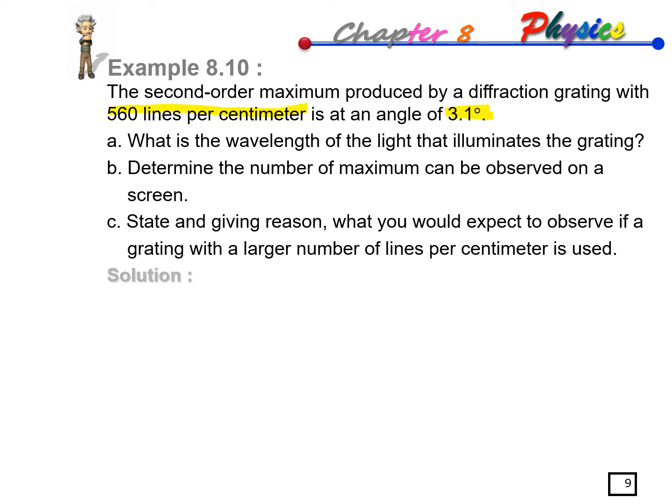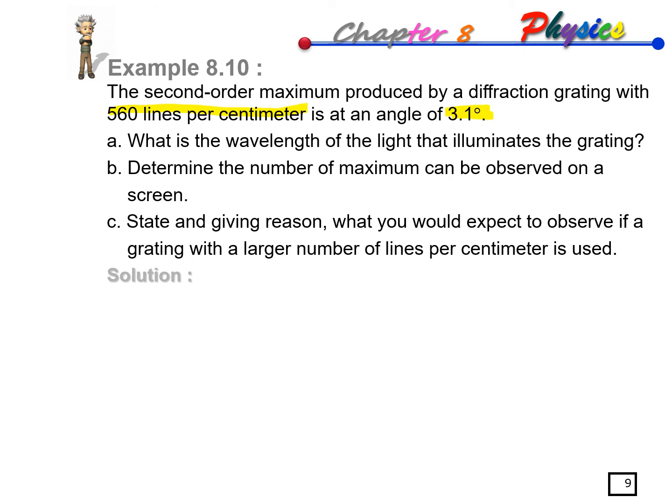Over here they wanted to calculate the wavelength of the light that illuminates the grating, then determine the number of maximum that can be observed on a screen, and then state and give reason what you expect to observe if a grating with larger number of lines per centimeter is used? This one just explain based on the equation, based on the relationship.